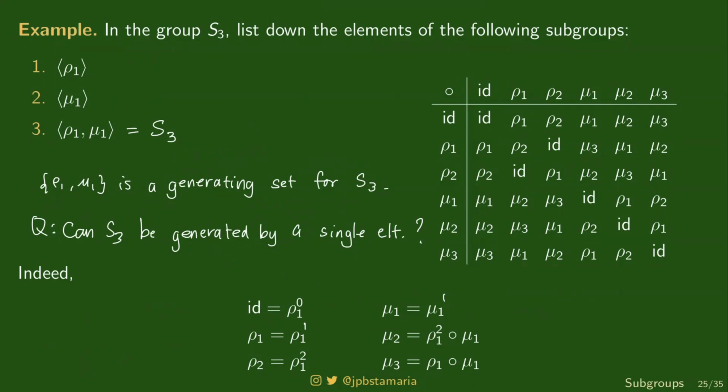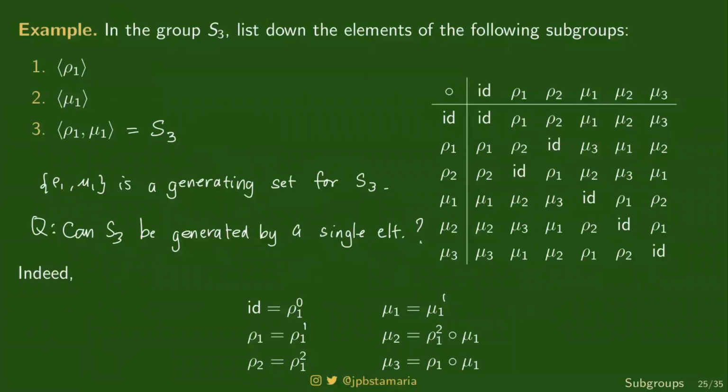Si mu2 mag-generate niya ba yung buo? Hindi. Kasi si mu2 order 2, kagaya ng mu1. Si mu3 order 2 lang din, kagaya ng mu1 at mu2.